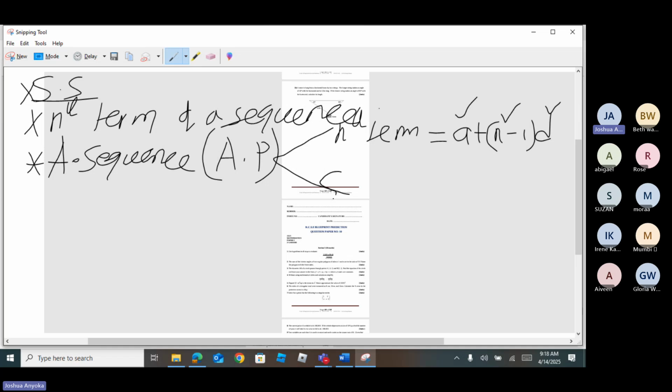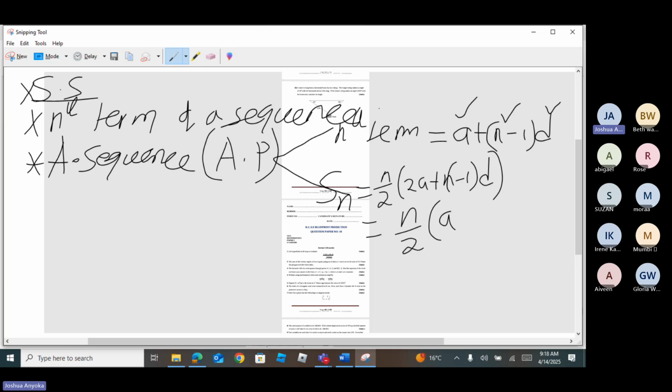We should know the sum of any terms of the sequence, which has 2 formulae. The first one is n over 2 into 2a plus n minus 1 d, or it is n over 2 into a plus l, where l is the last term. The beauty of this is that it is there in our mathematical tables.